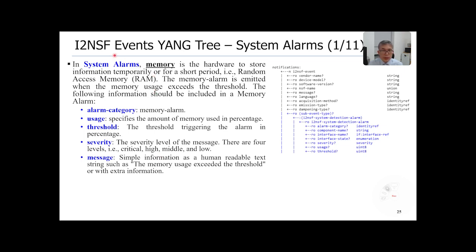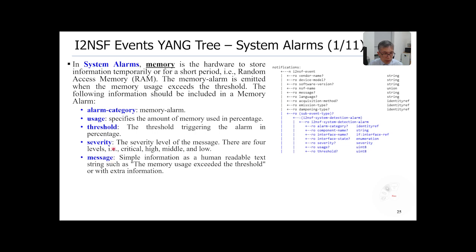First, I2NSF event is system alarm. So memory is hardware to store information temporarily, right? Like random access memory, RAM. So memory alarm is emitted when the memory usage exceeds the threshold. Okay, so the fields are like this: alarm category, usage threshold, severity, and message.